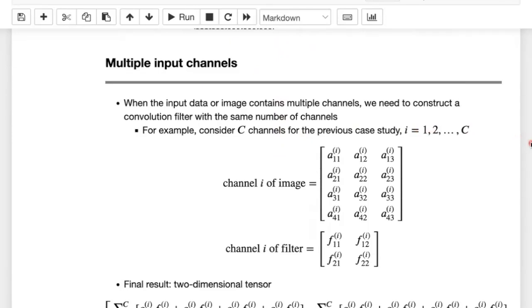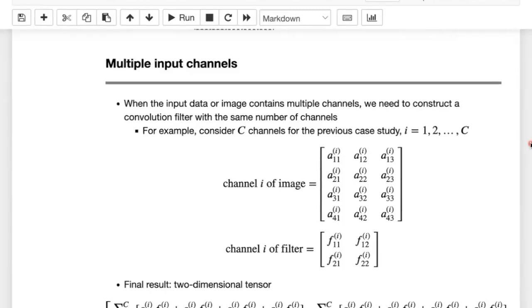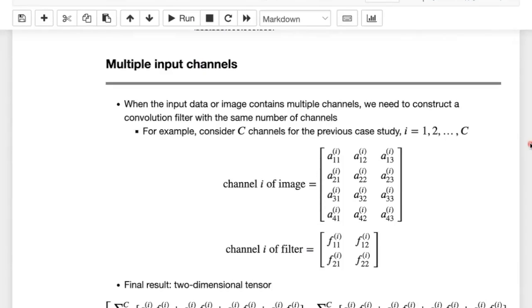This is very important because in many cases when we talk about images, input images are actually 3-dimensional tensors, meaning that we have height, we have width, and then the third dimension or axis is the number of channels. For a color image, that's RGB, right? Red, green, and blue. So we are not just working with 2-dimensional arrays, which correspond to grayscale images. And in many cases, we do actually have more than one channel.